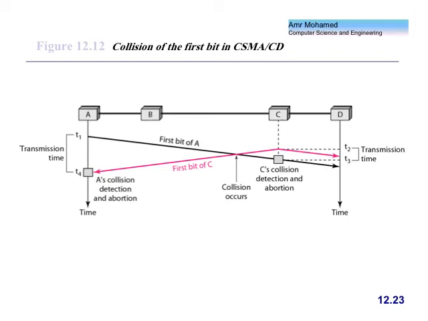So that slide here shows the case of collision detection. We all know that Ethernet uses carrier sense multiple access with collision detection. So when does the collision happen, when and where? And when can any station feel it?